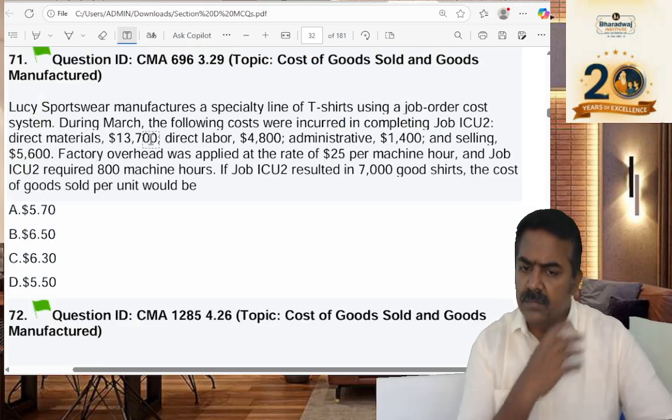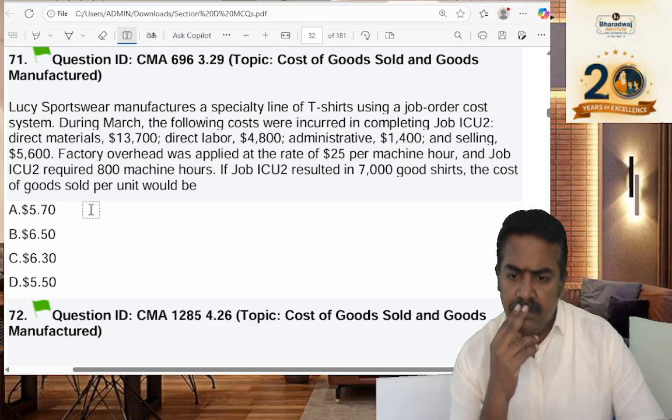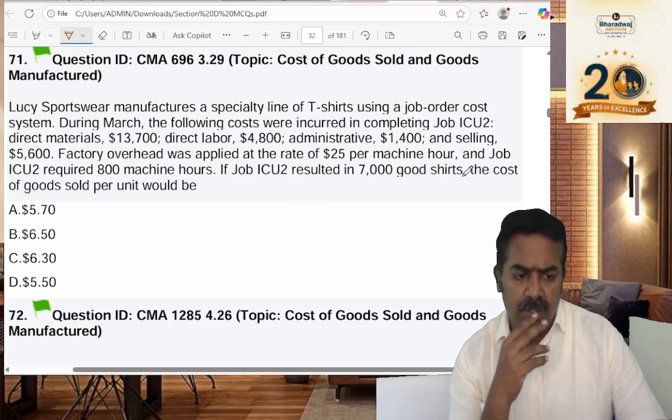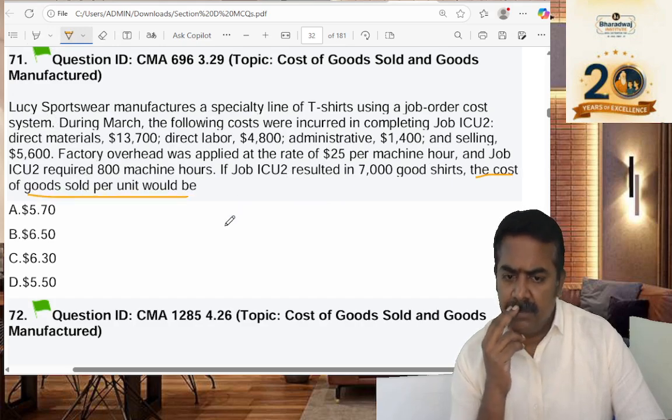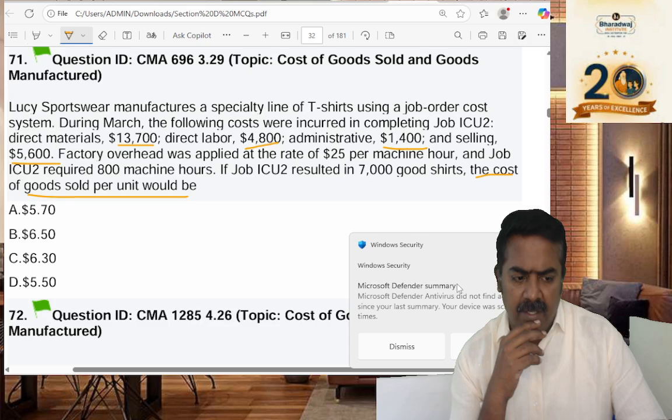Then they ask you to find out cost of goods sold per unit. Direct material, direct labor can be added. Administrative and selling expenses can be added.